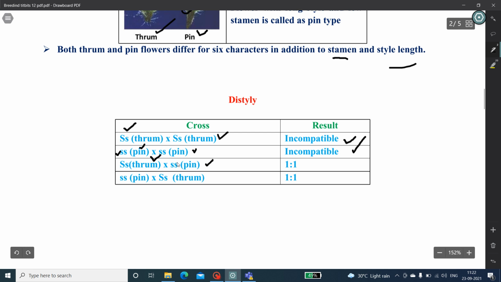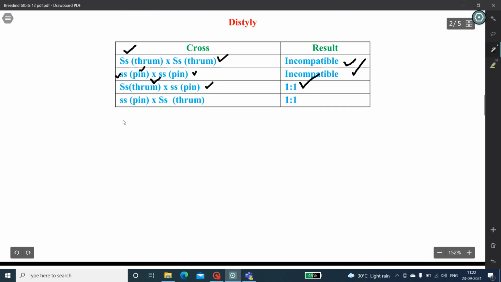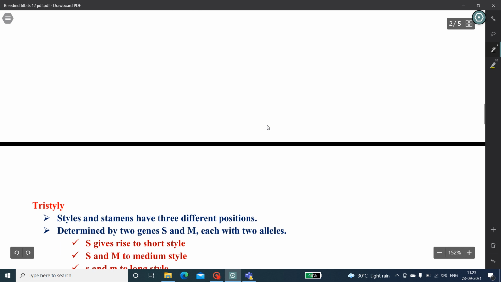Since both genotypes are different, a 1:1 compatible mechanism exists. The small s small s pin is the female parent, and if the pollen of the capital S small s thrum falls on the stigma of the different genotype, a 1:1 compatible mechanism exists.